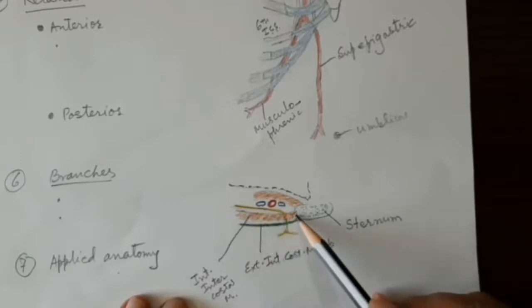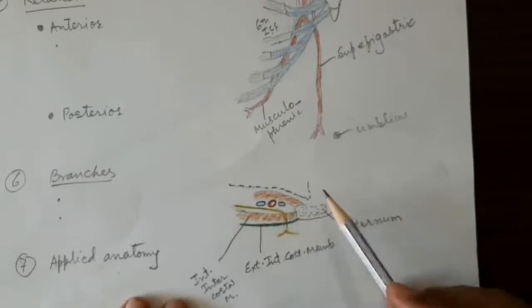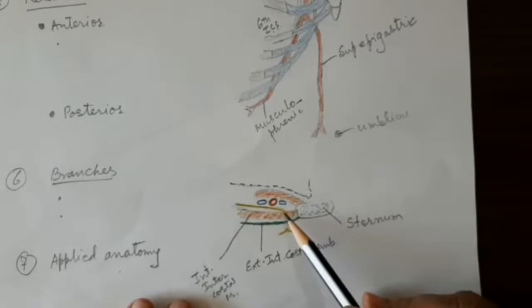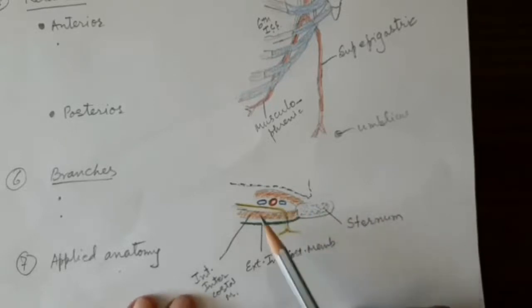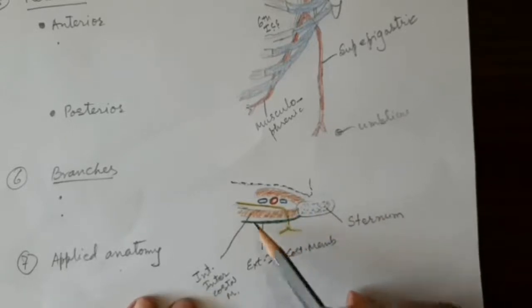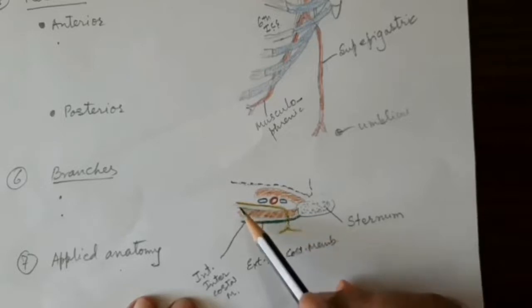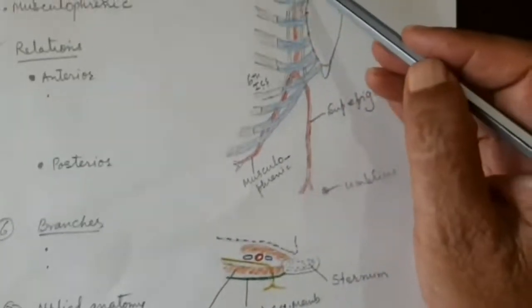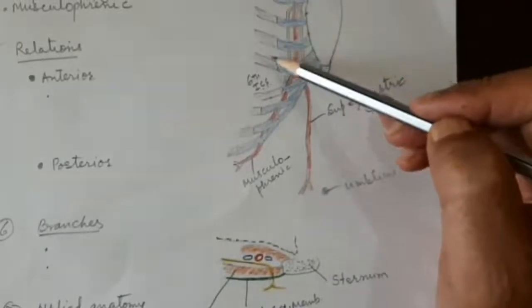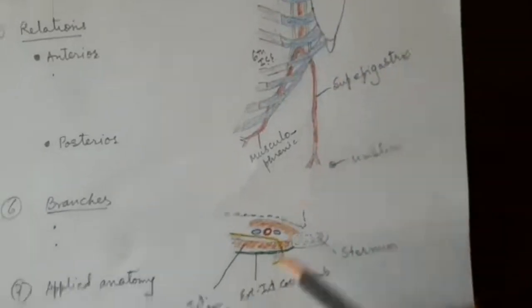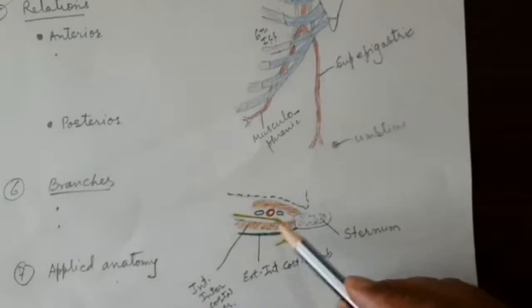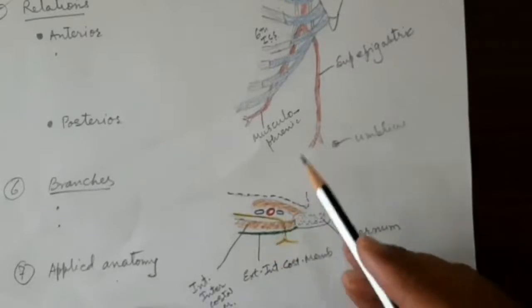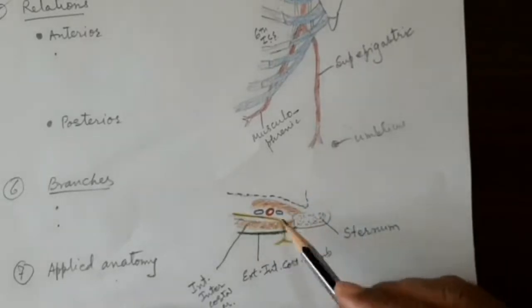This is because the internal intercostal muscle starts right from the lateral margin of the sternum. Then this will be crossed by the intercostal nerves. Which intercostal nerves? All the upper six intercostal nerves, first, second, third, fourth, fifth and sixth, that is from the first space to the sixth space.